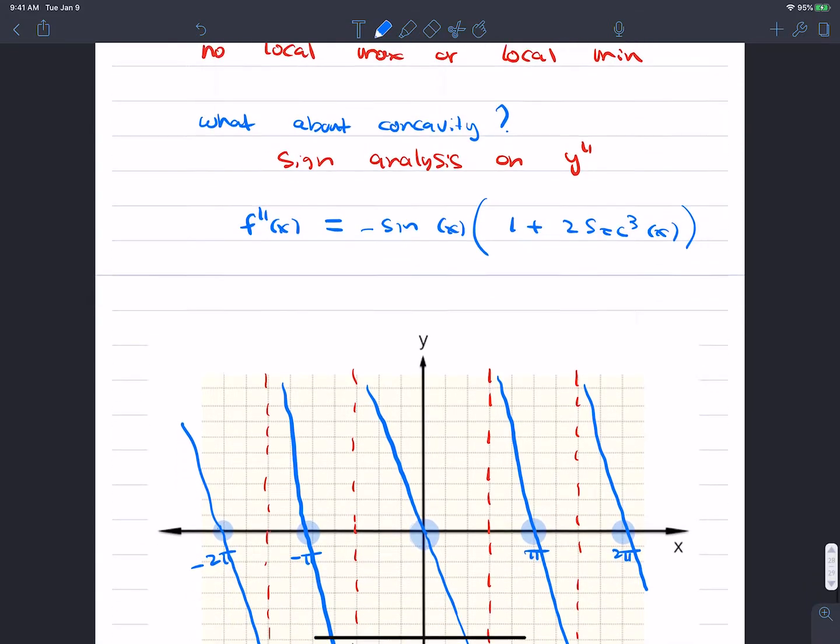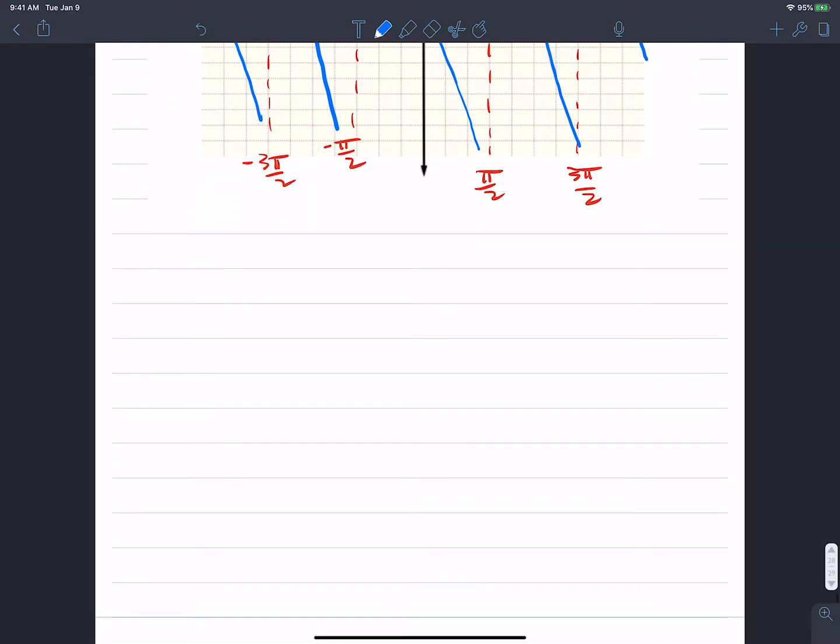Right? This is going to be the second derivative. Now you might say, okay, why? Okay, let's do the why then. What's my first derivative? Cosine x minus secant squared x. So I'm going to have to differentiate.